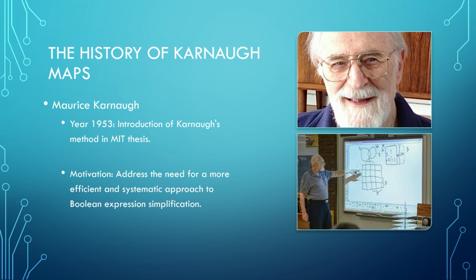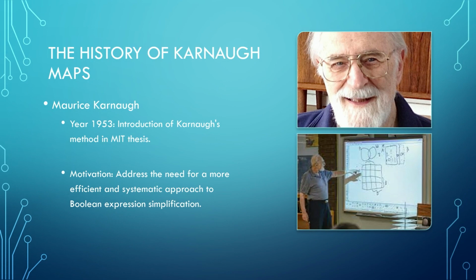In his quest to simplify Boolean expressions, which serve as the mathematical backbone of logical functions, Karnaugh introduced a radical shift. His approach was not just a method, it was a paradigm shift, offering a visual and systematic route through the intricacies of logical simplification. Let's dive into the heart of Karnaugh maps. Imagine them as a graphical representation of a truth table, the blueprint that defines the behavior of a logical function.